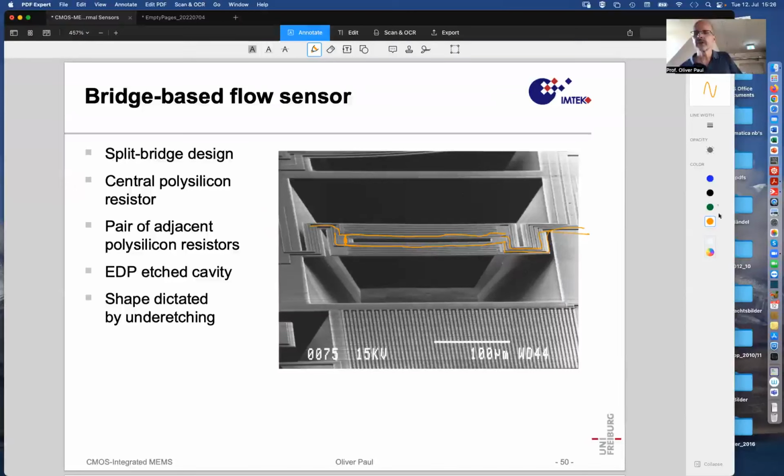And then we have some additional temperature measuring meanders on the outside. So the R left and the R right are on these bridges, and this structure also enabled measuring the flow velocity in this direction, or in the opposite direction.